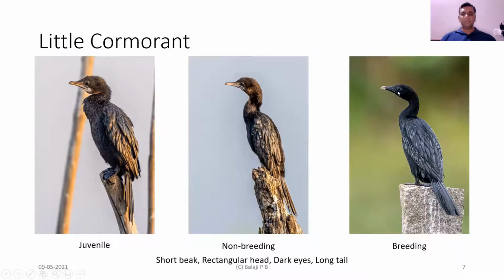It has very dark eyes. It has a slightly longer tail in proportion to the rest of its body. And the shape of the head looks like a rectangle. That is one of the identifying features for a little cormorant.